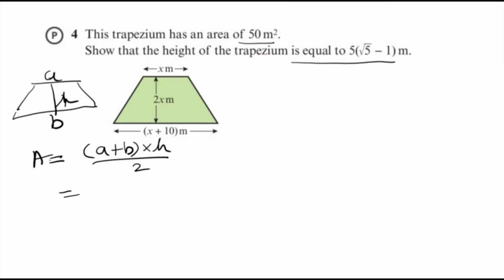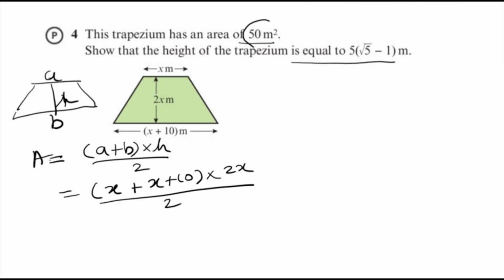So we can compare this diagram to our diagram and find the value of A, which gives me X. B is X plus 10, times my height, which is 2X, over 2. Now I know my area is 50 meters squared, so I can put 50 here. Multiply this 2 with 50, that will give us 100. X plus X gives 2X plus 10, multiplied by 2X.